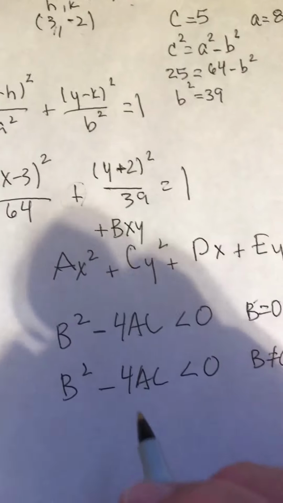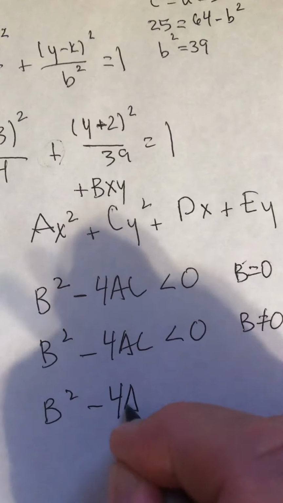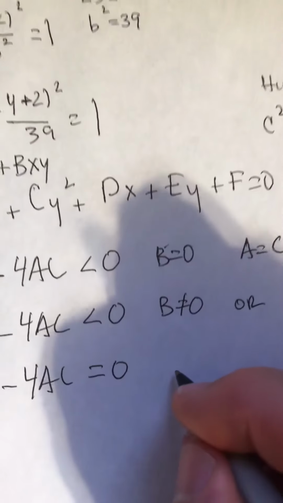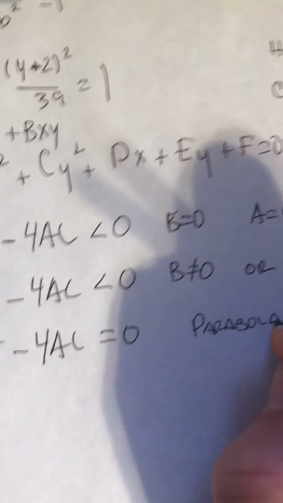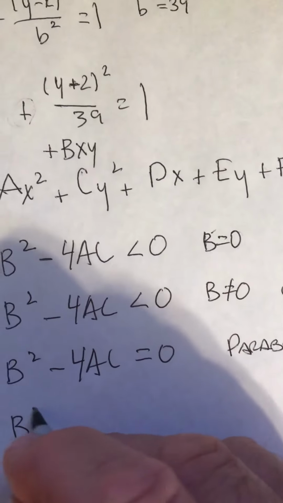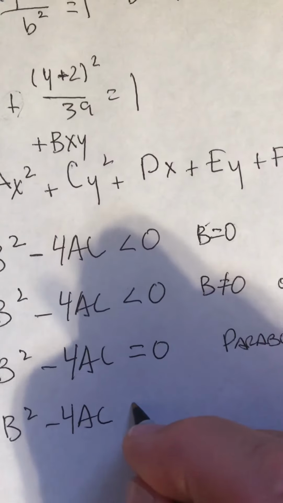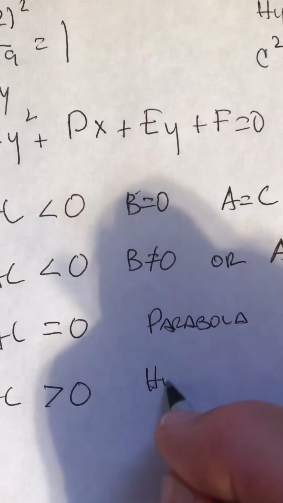If the determinant b squared minus 4ac is equal to 0, it's a parabola. And if b squared minus 4ac is positive, it's a hyperbola.